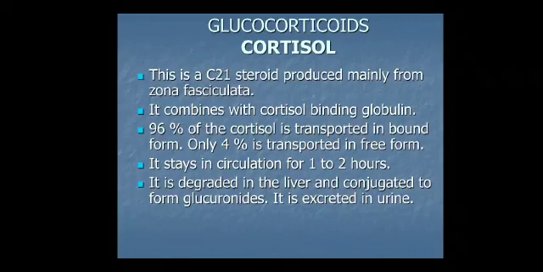Only 5 to 10% will be freely transported, whereas the remaining 90 to 95% will be transported in the plasma by binding with the globulin. Once it is secreted, it stays in the circulation for 1 to 2 hours. Later it will be degraded in the liver and excreted in the urine. So we'll go to the next slide.